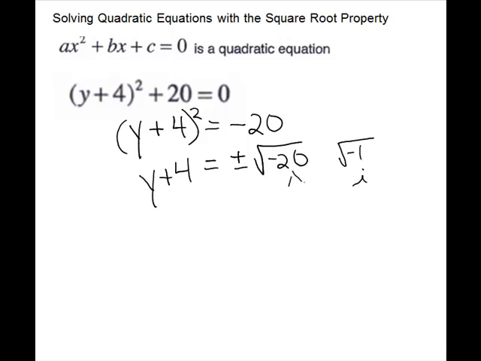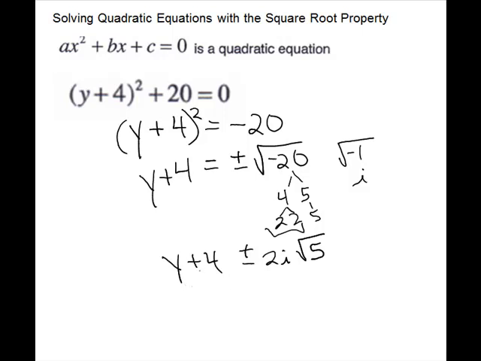Right, from the 20, I have 4 times 5, and 4 will give me some 2's and a 5. So I can take a 2. So I have plus or minus 2i times the square root of 5. And now I can isolate my y.